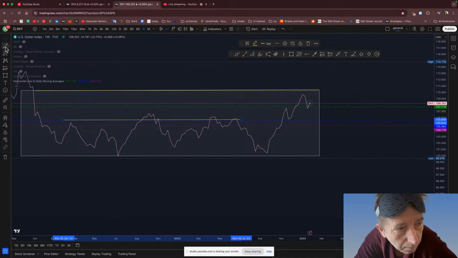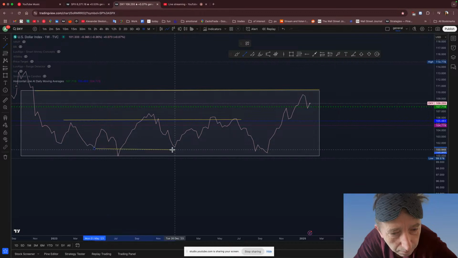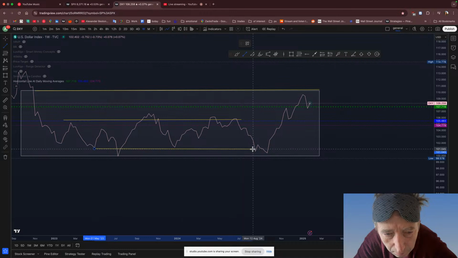And then the bottom of the range, which is there, there, there, and then it takes off.